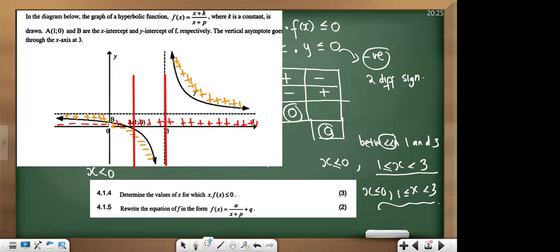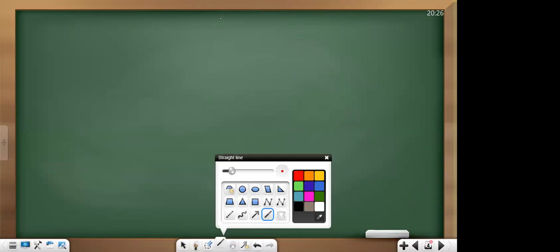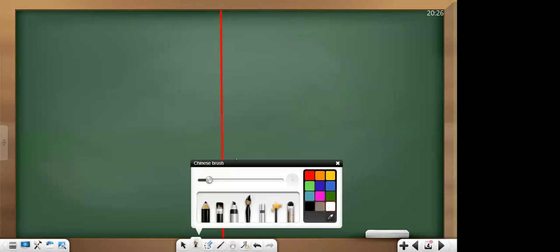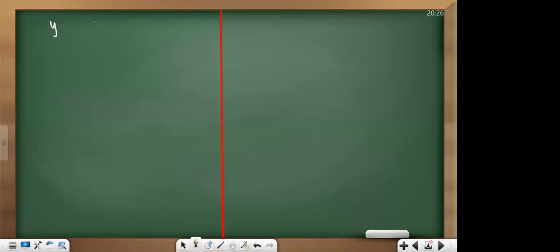Rewrite the equation in the form of, okay, I think I'll give you the last note and I leave you alone. Wait. Okay, I have y equals x minus 1 over x minus 3.